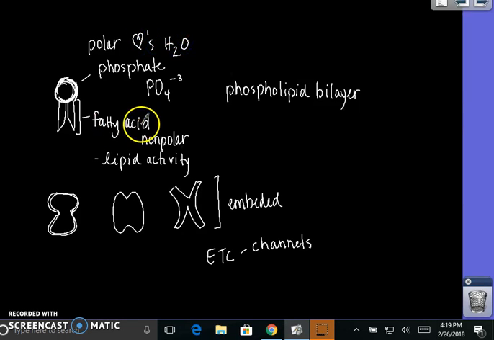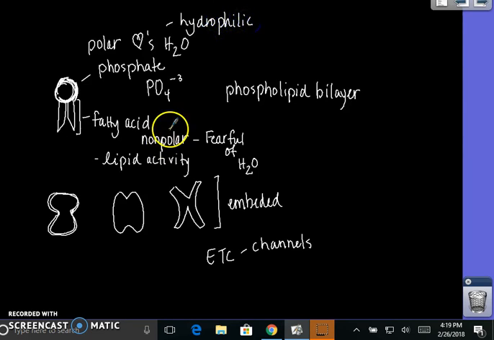And then we have these fatty acid chains, which are associated with lipids, and it hates or is fearful of water. The terms that we give these: if you're polar and love water, you are hydrophilic. If you are nonpolar and fearful of water, you are hydrophobic.